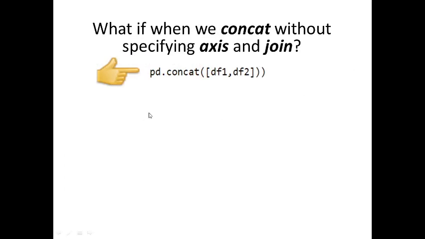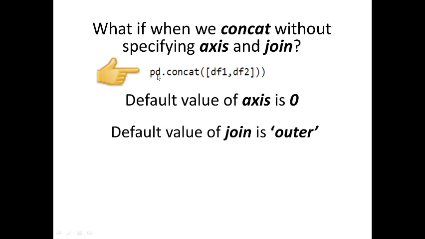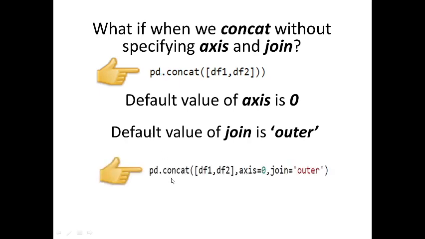Now when we don't specify parameters axis and join like this, so what does it mean? So when we don't specify axis, default value of axis is 0 and default value of join is outer. So this statement is equivalent to this one.